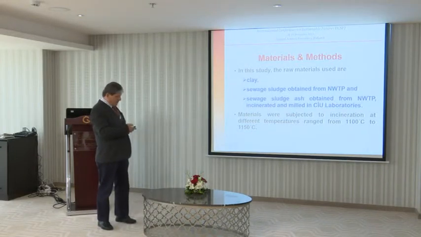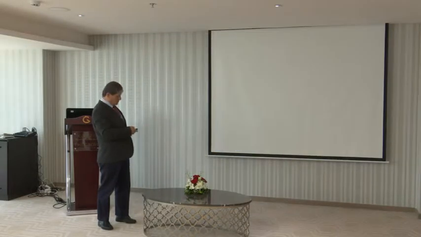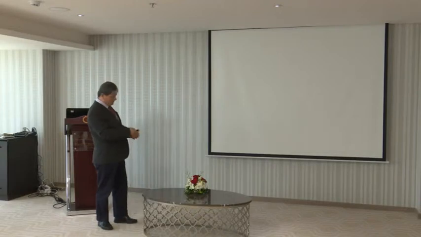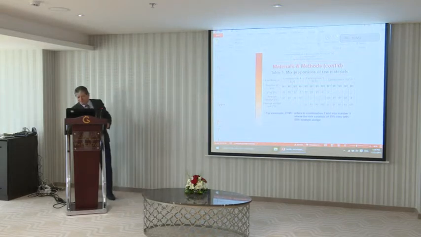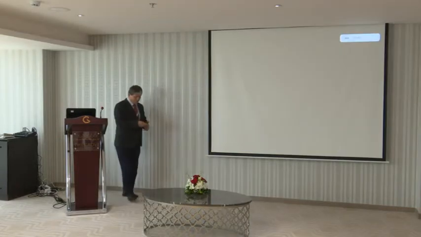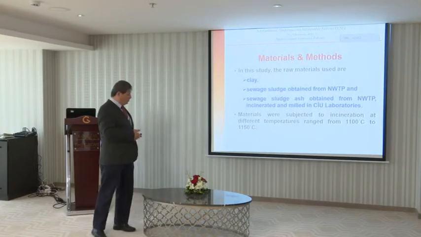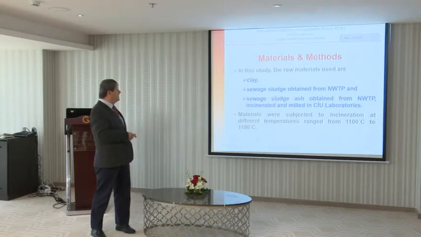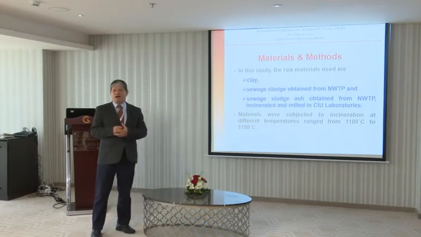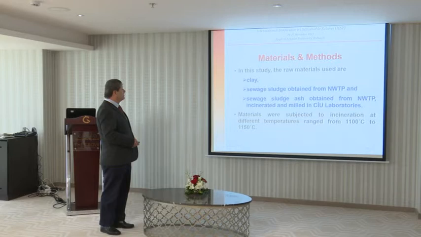So here we used clay. Here we use clay and sewage sludge itself, and we produce sludge ash, and then we use sludge ash as a separate material at different proportions.